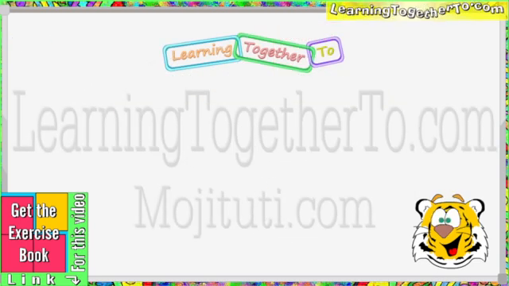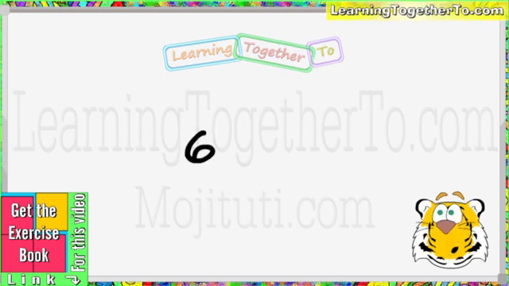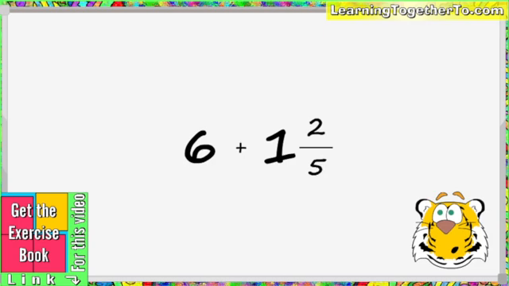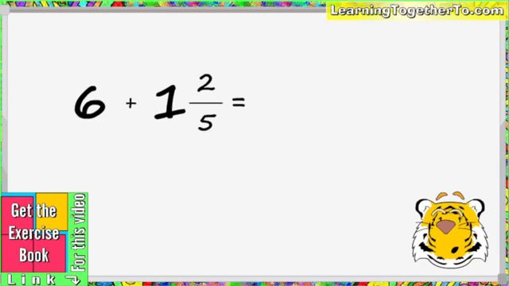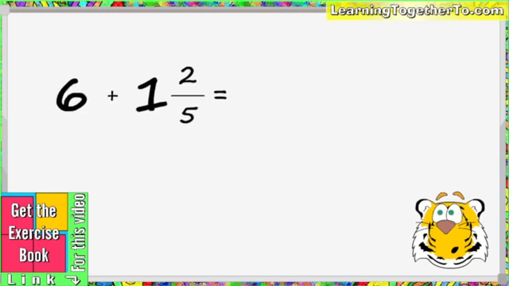One more thing, Tim. Tim, what would we get if to 6 we add 1 and 2/5? How do we add a whole number to a mixed fraction? Let's find out. Let's move the statement to the side to have more workspace.